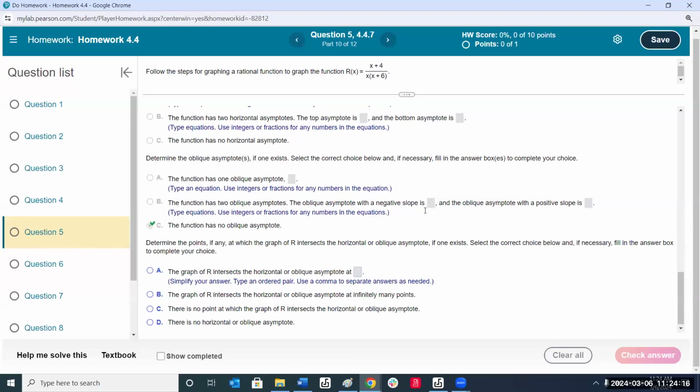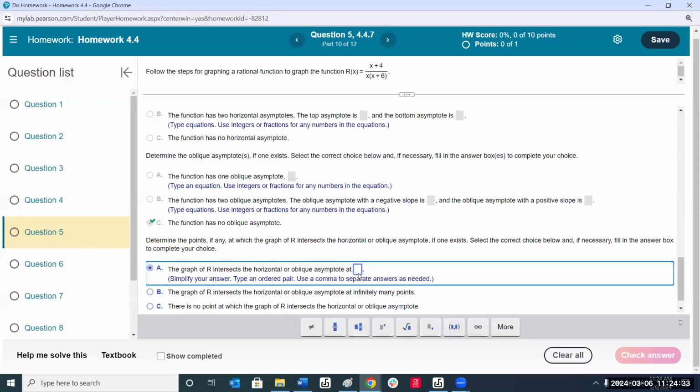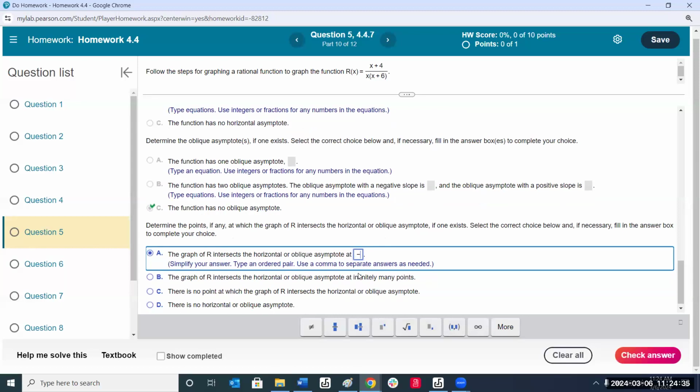You cannot have them both. Determine the points, if any, at which the graph of R intersects the horizontal or oblique asymptote, if one exists. It crosses at -4. Type an ordered pair.